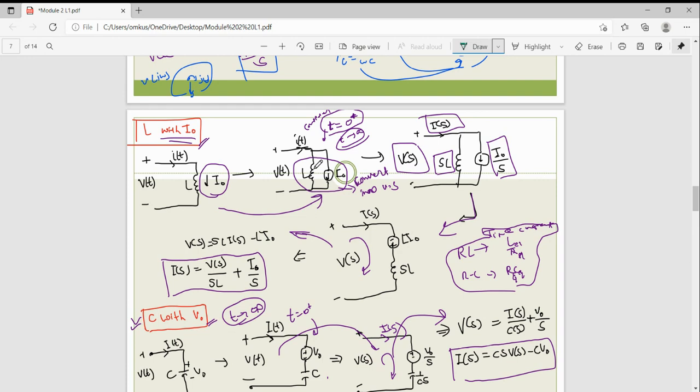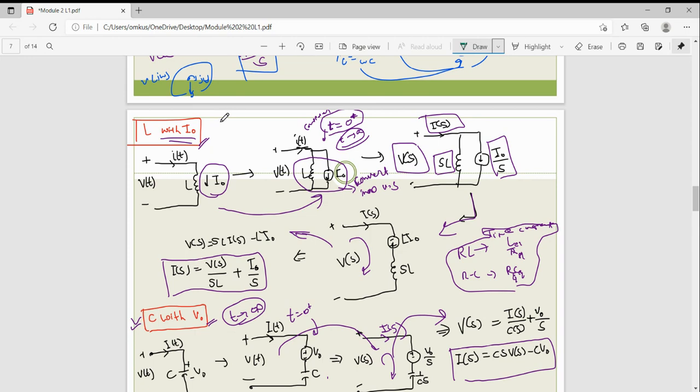Because current flowing through this circuit is I naught, and the circuit condition is changed, meaning this inductor acts as a storing energy stored in electromagnetic form, right? But inductor doesn't allow sudden change in current, right?